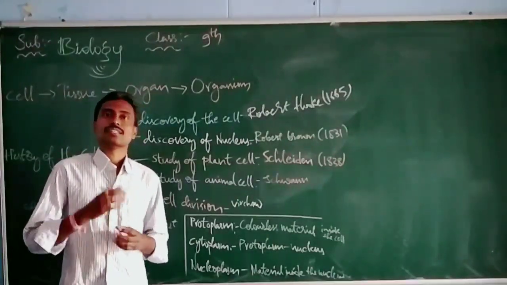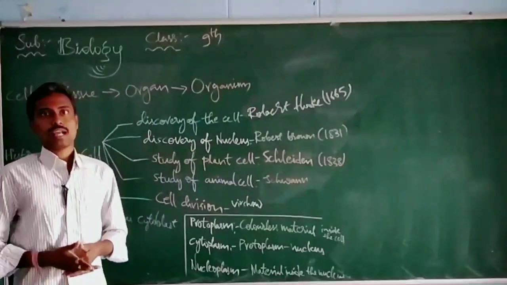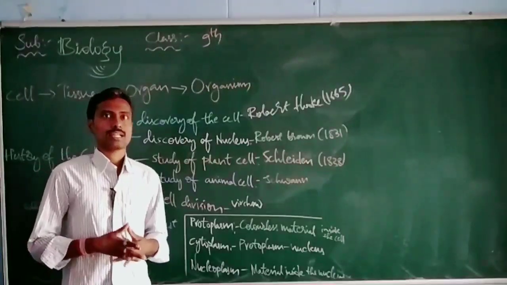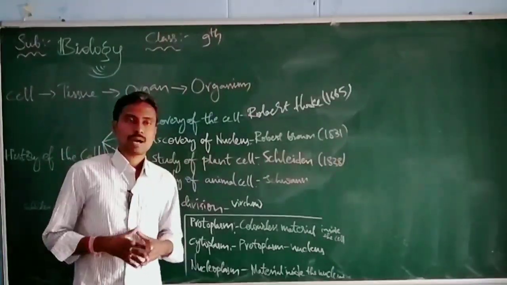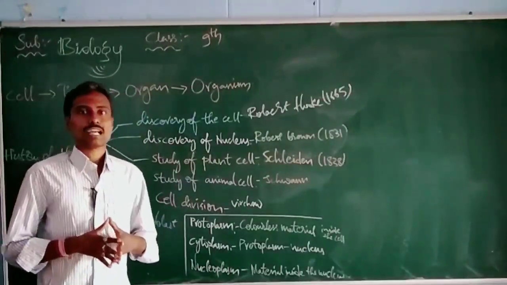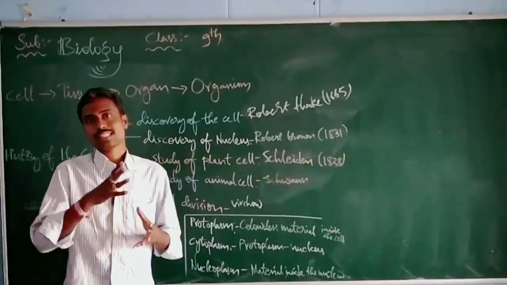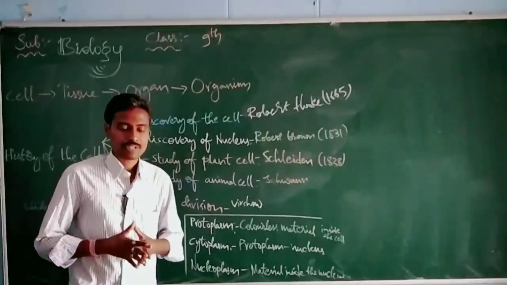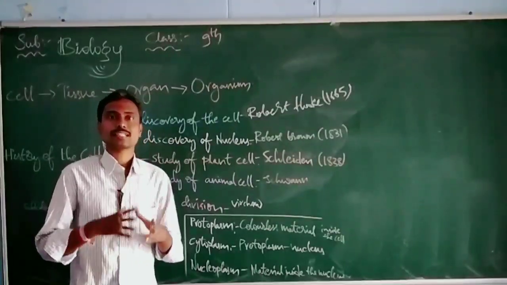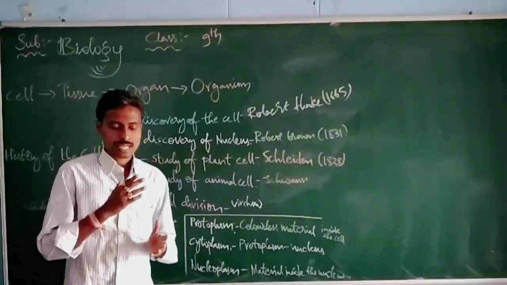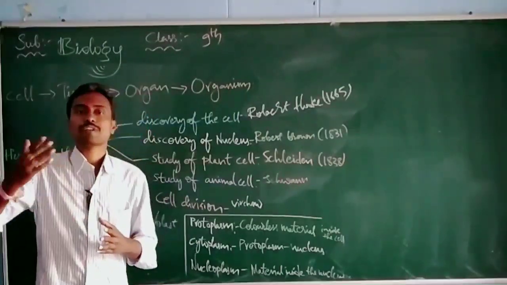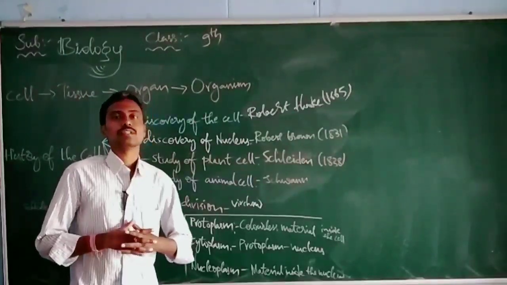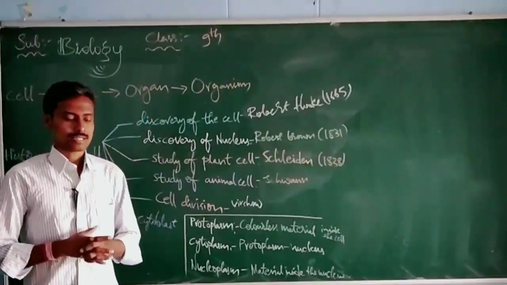So the first lesson is cell structure and function, the second lesson is plant tissue, the third lesson is animal tissue, the fourth lesson is plasma membrane, the fifth lesson is diversity in living organisms, and the sixth lesson is sense organs, the seventh lesson is animal behavior, the eighth lesson is challenges in improving agricultural products, the ninth lesson is adaptations to different ecosystems, the 10th lesson is soil pollution, and the 11th lesson is biogeochemical cycles.